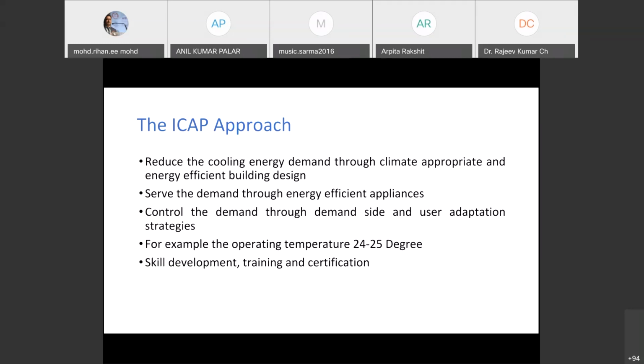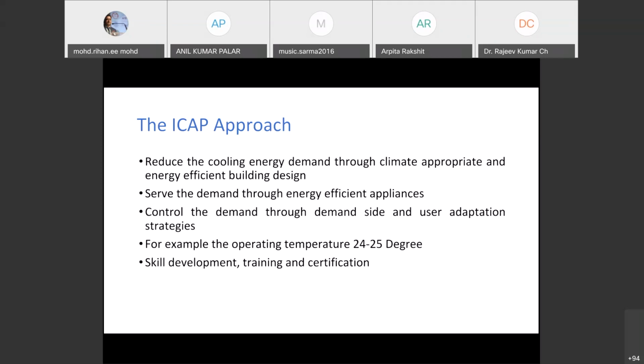I believe this is the most important area, and a lot of work is going on in it. Plus, I believe awareness creation is also very important. For example, conveying the importance of going for inverter AC or 5-star conventional AC according to their suitability.